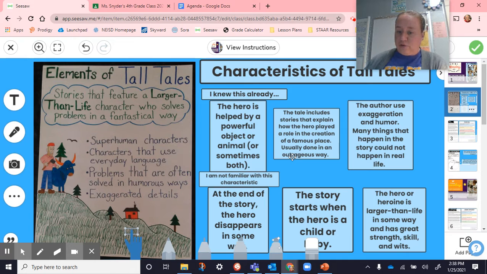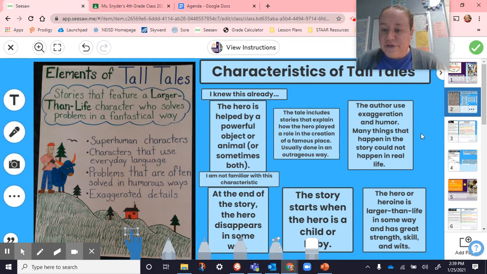The tale includes stories that explain how the hero played a role in the creation of a famous place. Usually this is done in a very outrageous way, like how the Grand Canyon was created, or how today we read about Death Valley. So it's explaining how these things that are in real life came to be.